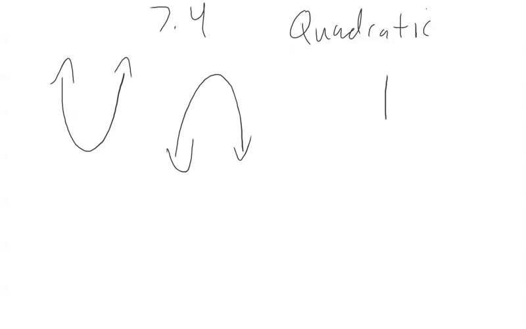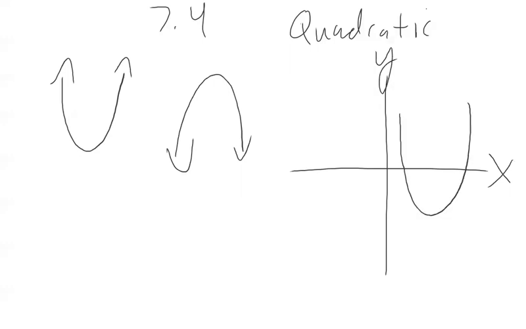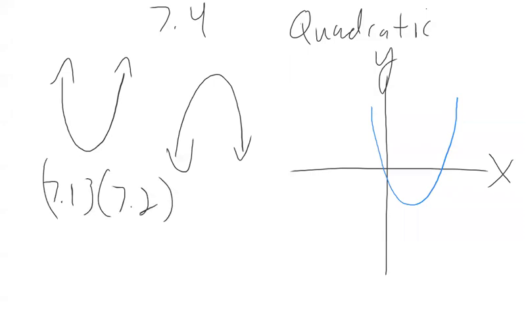So when I graph my parabola on an XY plane, what you're actually finding, when you solve for X, which is what we've done so far, 7.1, 7.2, 7.3, all we did was solve for X. 7.1, solve by factoring. 7.2, solve by using completing the square. 7.3, solve by using the quadratic formula.